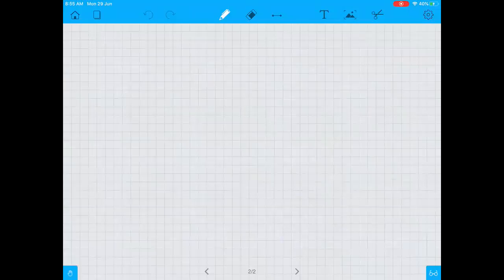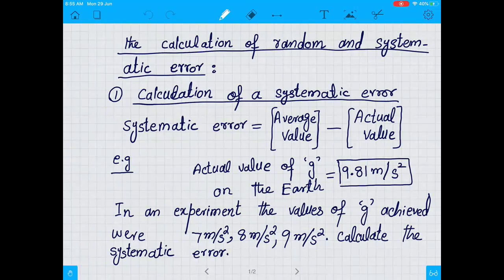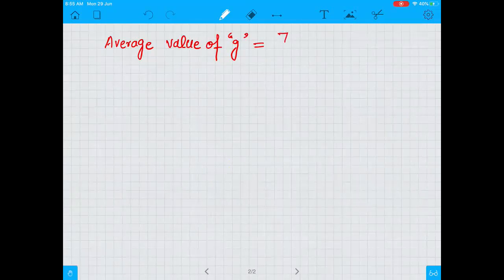Now the average value of G would be, as you see, 7 plus 8 plus 9 over 3. So this would be 8 meter per second square. So the average value of G is 8 meter per second square.